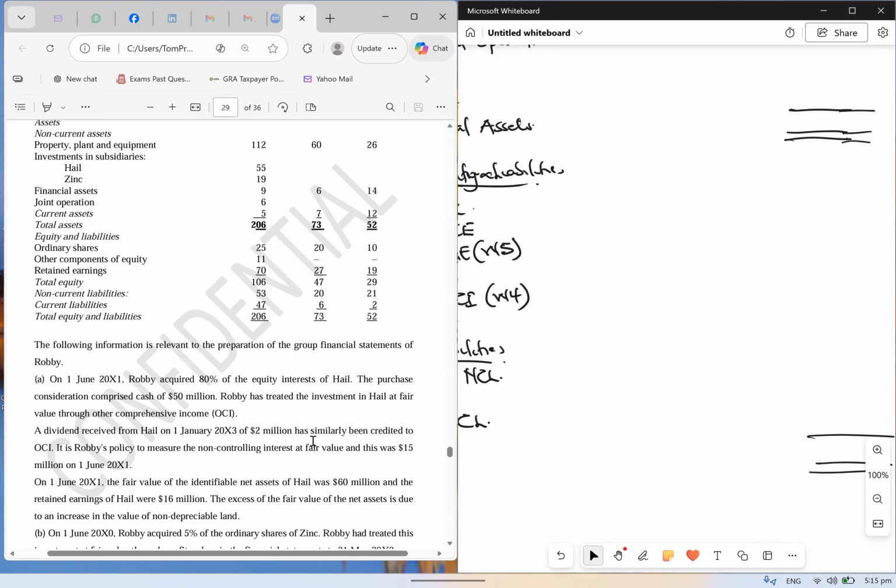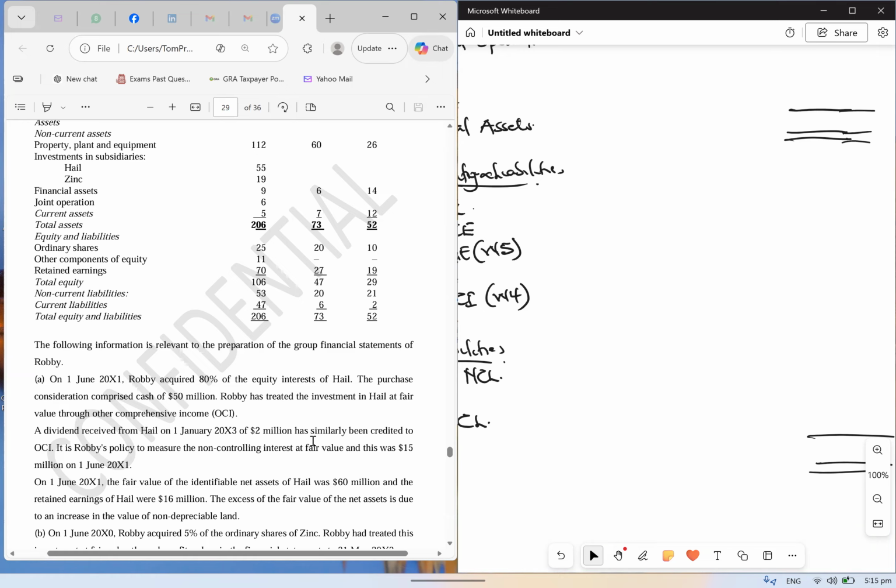And because this is a consolidation, you will have to affect it. So your purchase consideration is 50, meaning that the 5 is a revaluation gain through OCI, which you need to go and cancel. All right, so take note of that.